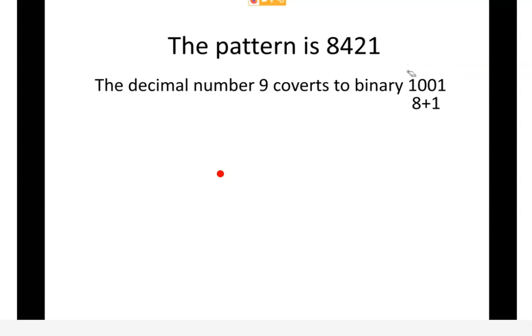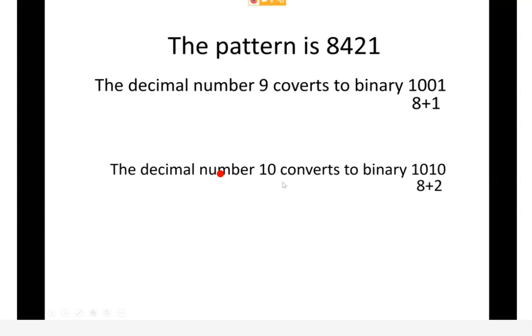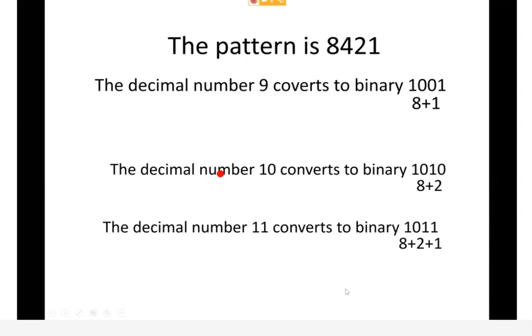So that's our binary representation of 9. 10 converts to 1010, and 11 converts to, remember, 8, 4, 2, 1, adds up to 11. So 1011 is the binary representation of the decimal 11.